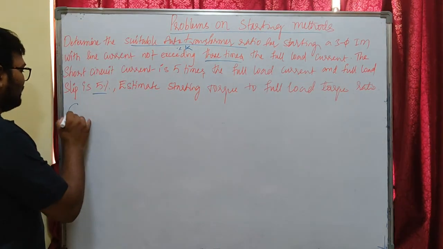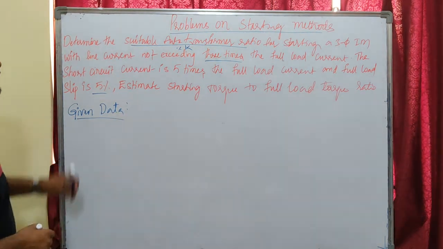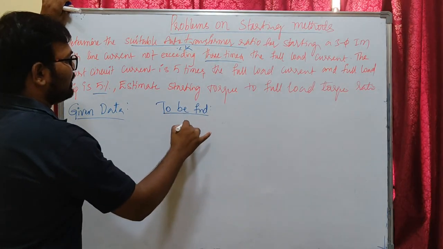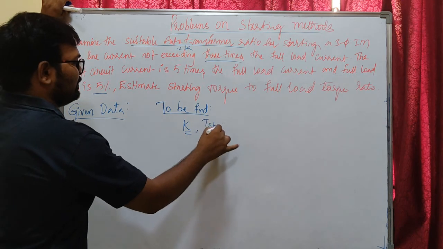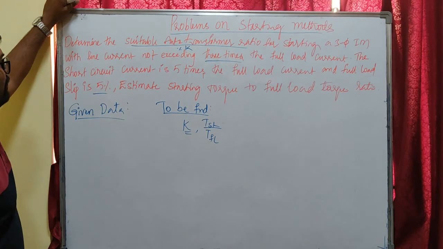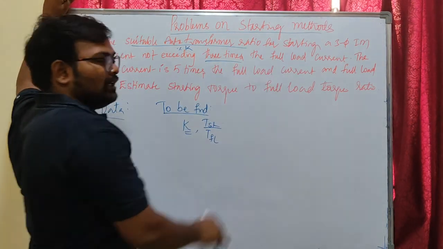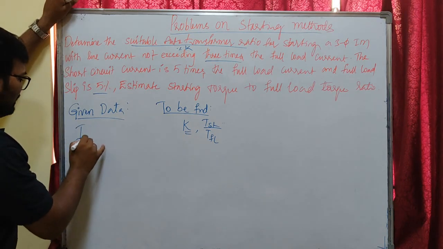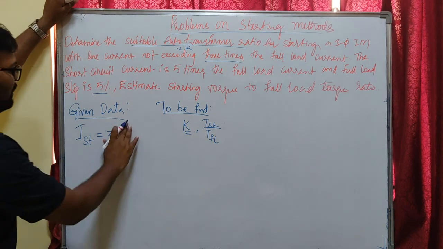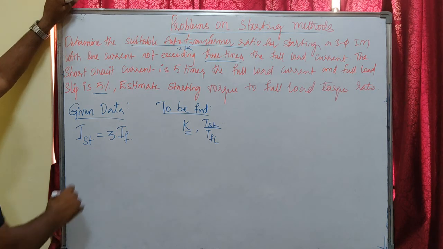So let us write the given data. To be found are the K value and the TST by TFL ratio. Now let us write down the given data. He has given that line current is not exceeding 3 times the full load current. So the line current, which is our starting current, should be equal to 3 times our full load current IFL.